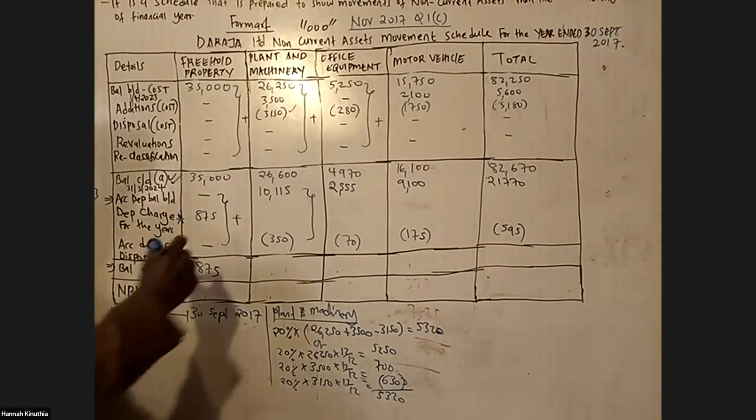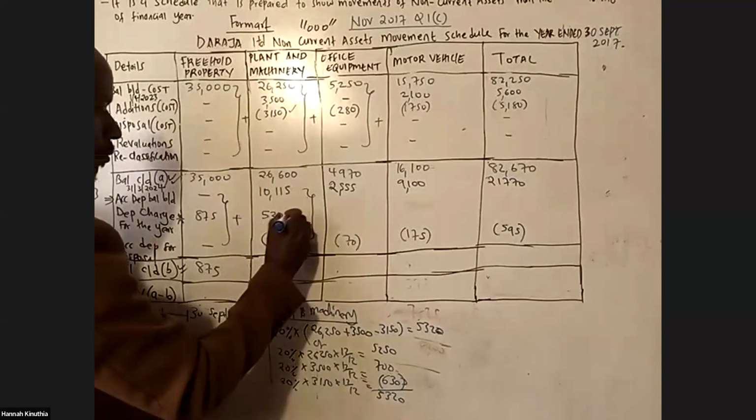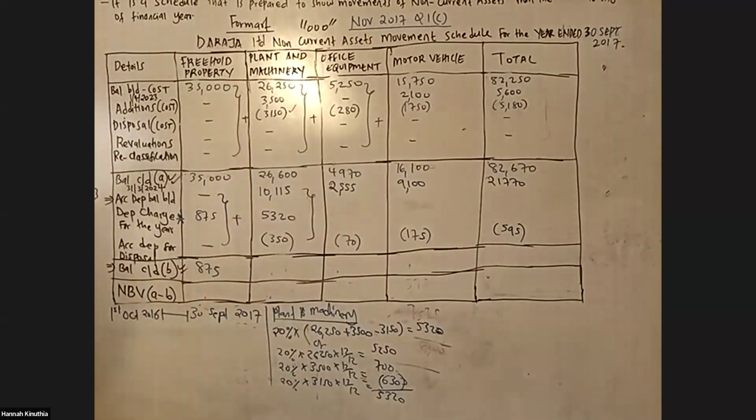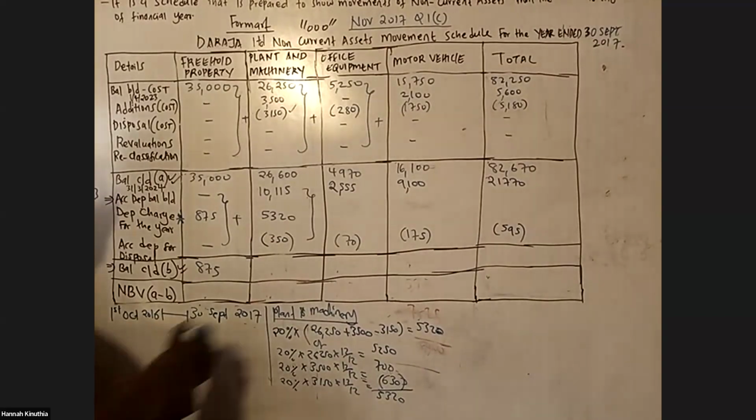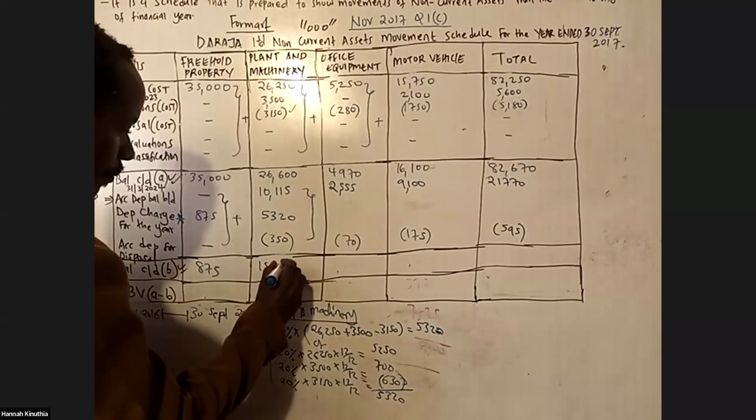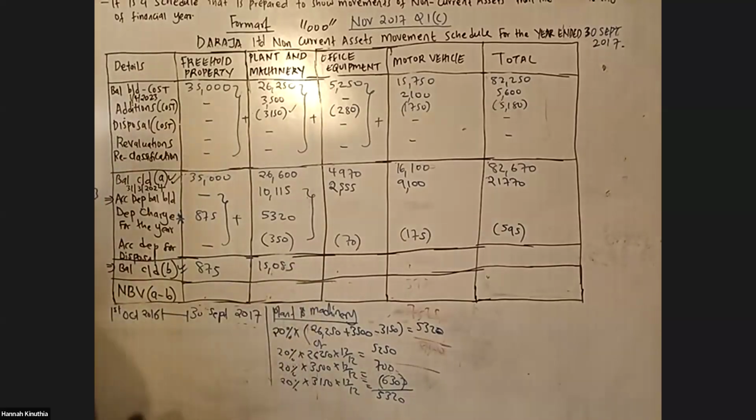Is that one correct? Yes. 5320. So tumalizie itakuwa ngapi? So 10115 plus answer minus 350, 15085. That one correct?